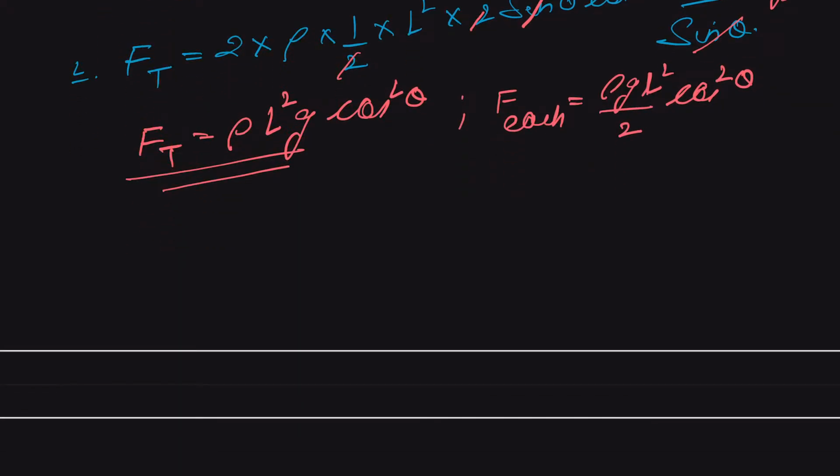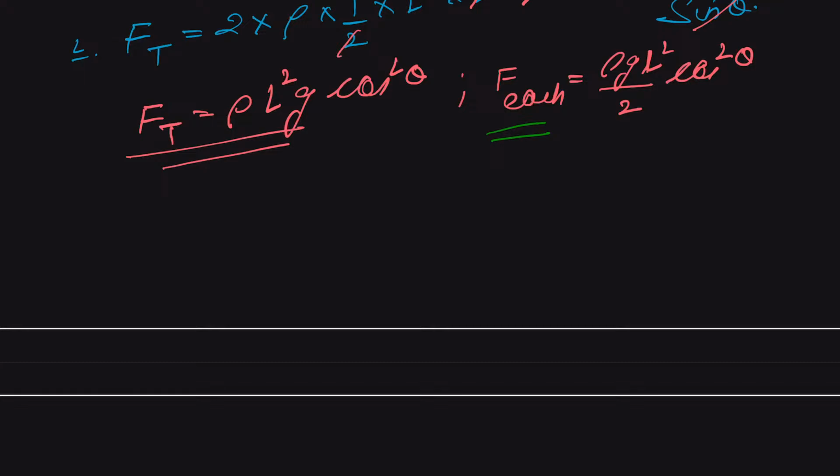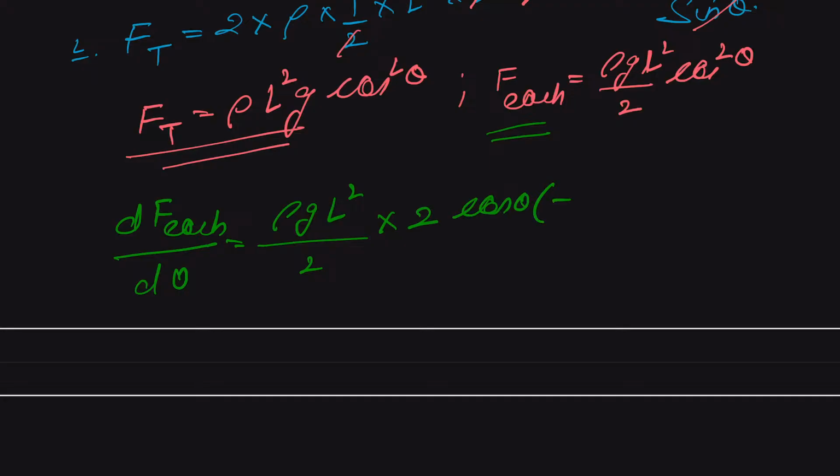And so we just differentiate it with respect to theta, and we get this as our dF each upon d theta will be equal to rho G L squared by 2, and this comes as 2 times cos of theta and minus sine of theta.